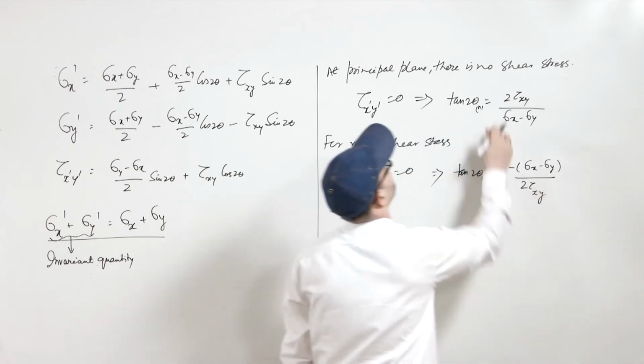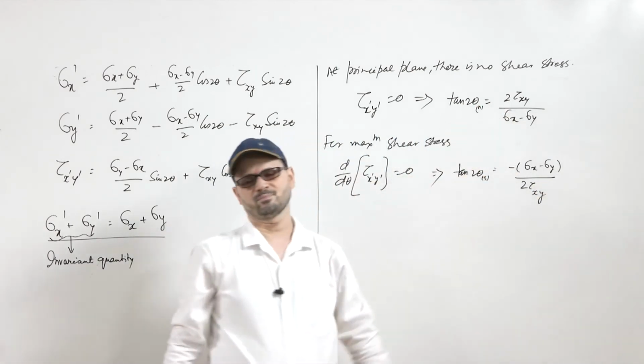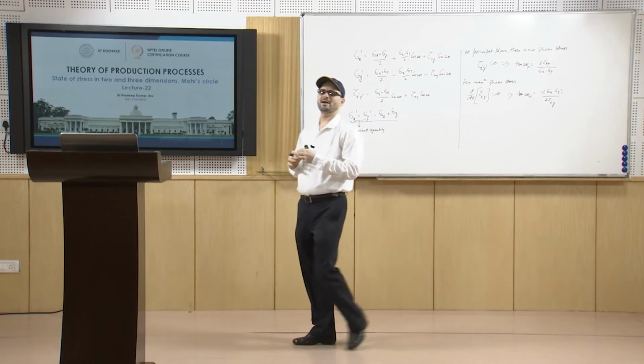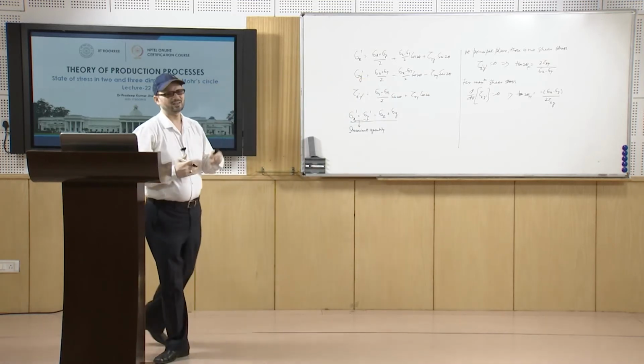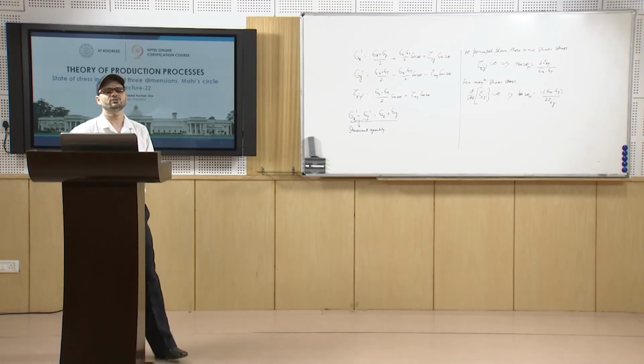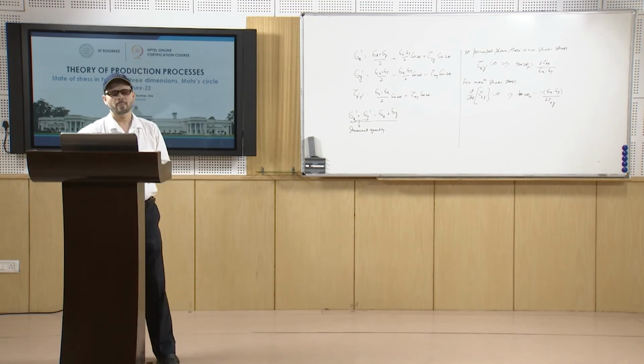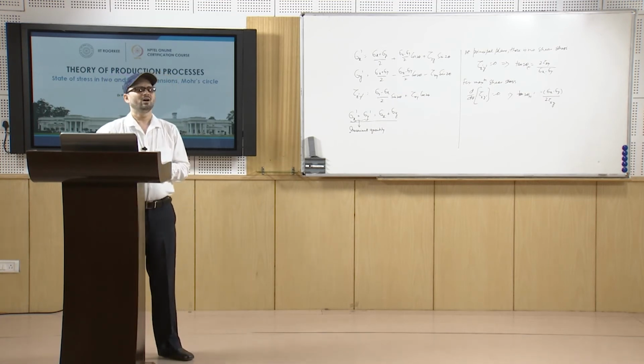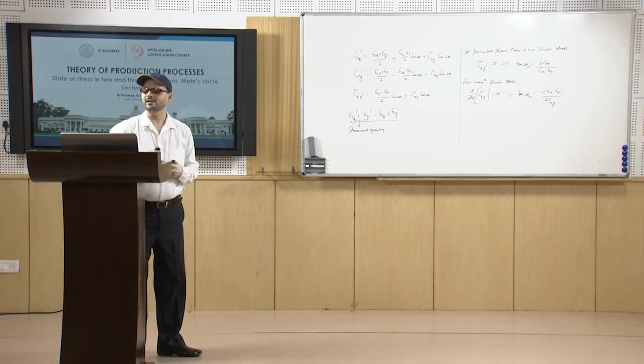What you see is that the slopes of these, if you combine them, give minus 1. So they are perpendicular to each other. This is how they are interrelated.